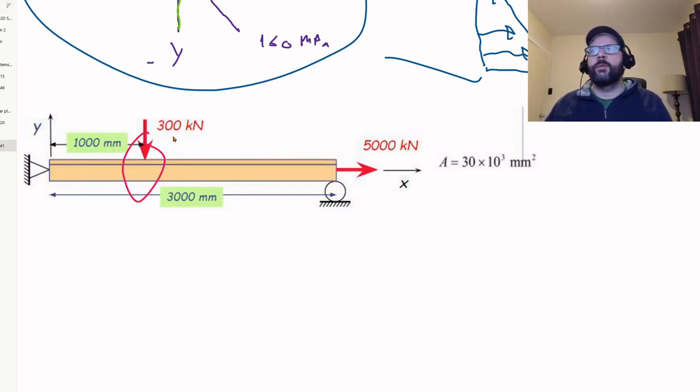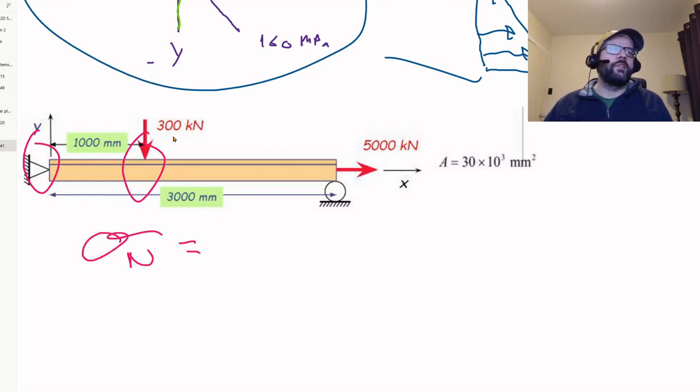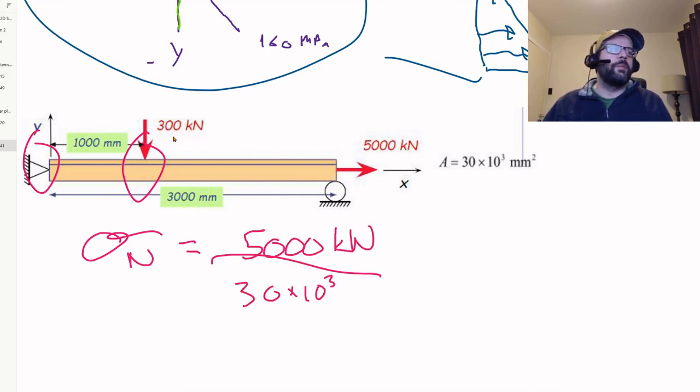It's a meter away from where the support is on the other end. That's far enough away that all this stress will have a chance to be evenly distributed. So the magnitude of that stress, let's call it the normal stress, is just going to be equal to 5,000 kilonewtons divided by that area, 3 times 10 to the 3 millimeters squared.